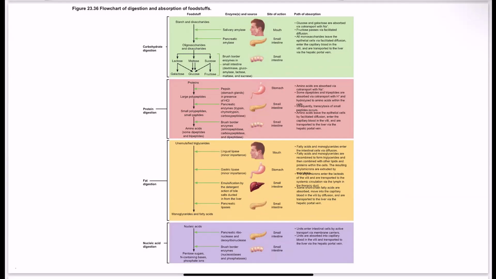So I'm going to draw this off to the side. These molecules that are all listed here, they're all big molecules. They're called polymers.